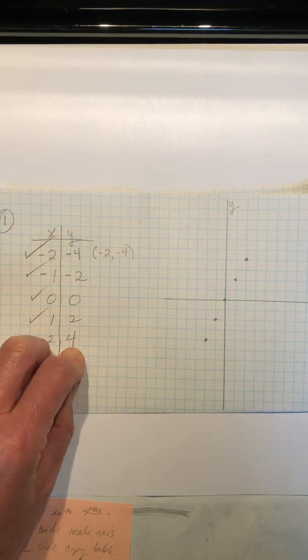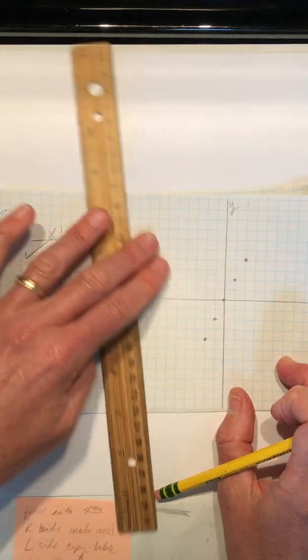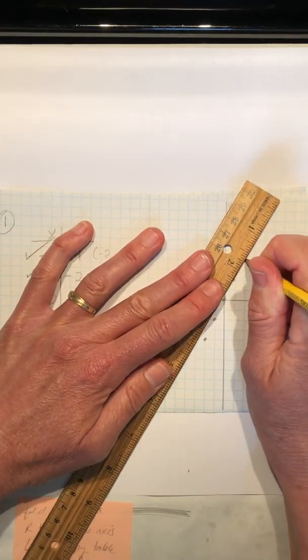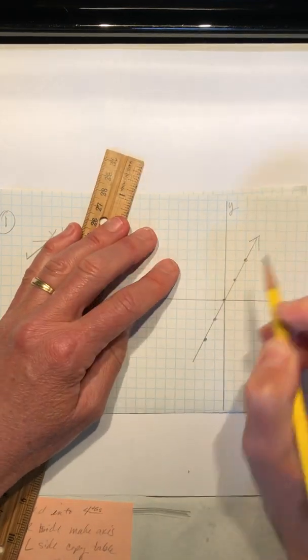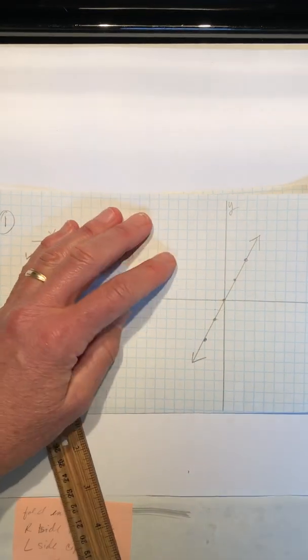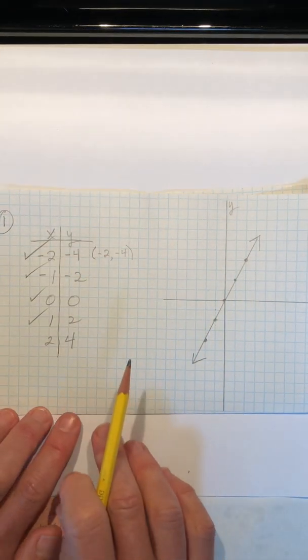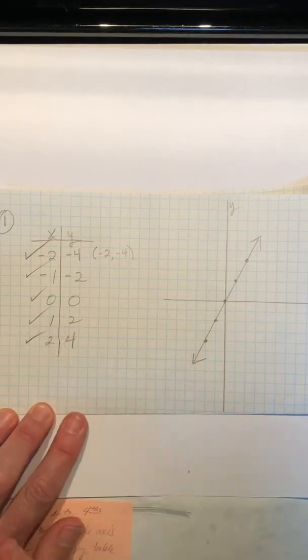Now, here's where you need your ruler, because we are going to connect these points with a perfectly straight line. Like that. So, what's the point of that? What does this line represent? Oops, let me check that off.